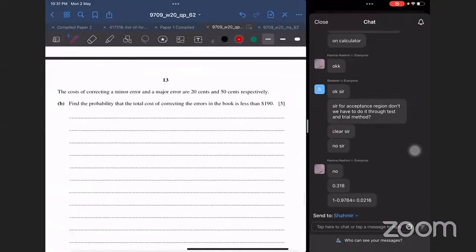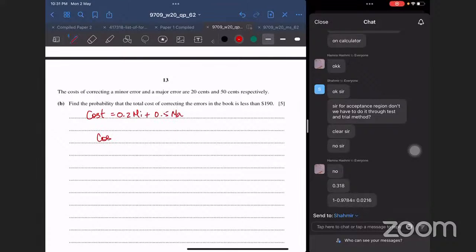The cost of correcting a minor error and a major error are 20 cents and 50 cents respectively. Find the probability that the total cost... मैंने कहा cost का एक नया variable बन जाएगा. अब dollars में बात हो रही है तो मैंने कहा 0.2 into minor plus 0.5 into major.